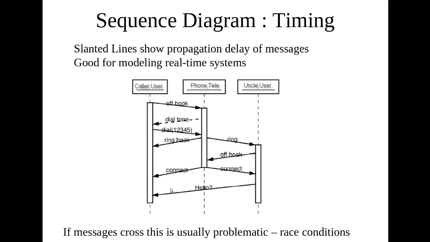Here this is a system for dialing a phone. So this is the telephone. The user hooks off the receiver, the dial tone comes, the user dials the number, and at that time you send a ringing tone to another user, and you send a ring back to the caller.